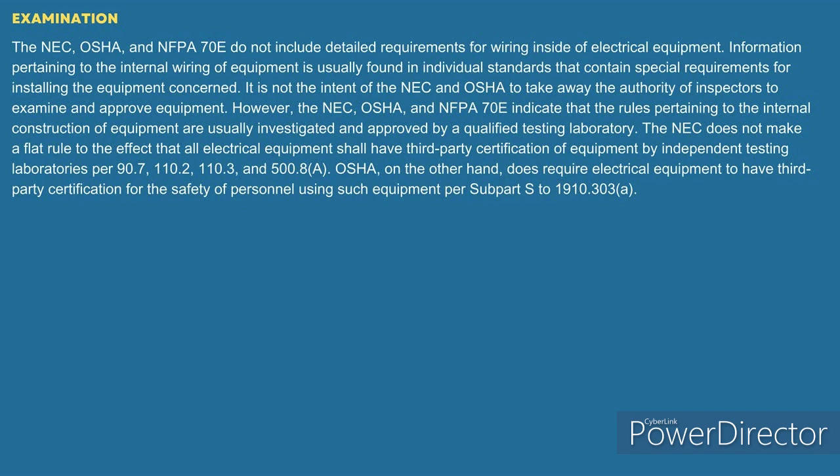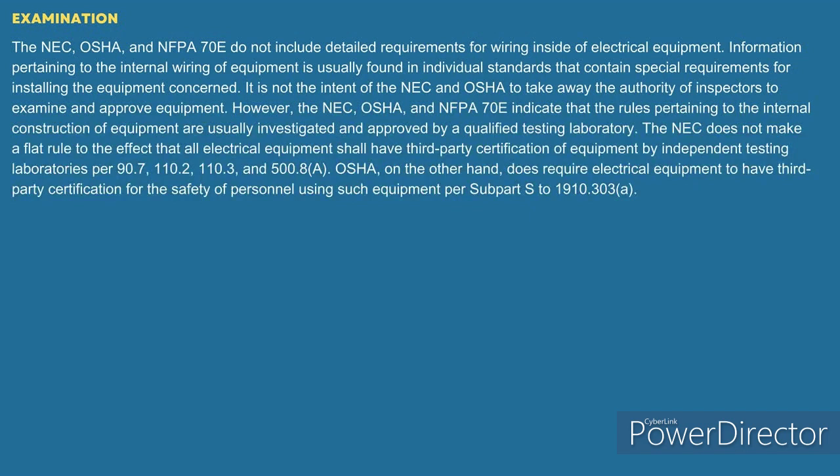Okay? Now, when you look at that, it says, however, the NEC, OSHA, and NFPA 70E indicate that the rules pertaining to the internal construction of equipment are usually investigated and approved by who? A qualified testing laboratory. That's right. Mostly UL, under a UL standard.